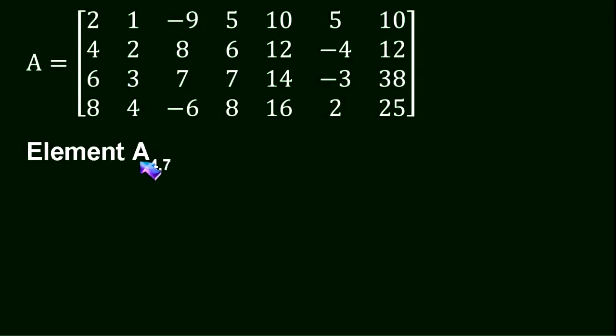Third, the element in the fourth row of the seventh column. So, the element in the fourth row of the seventh column is equal to 25.